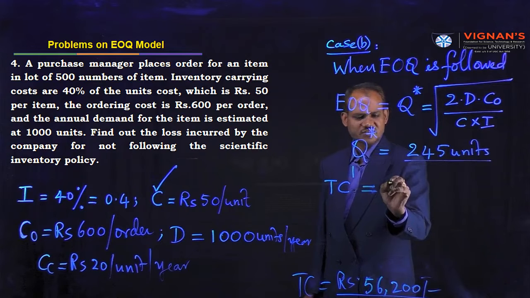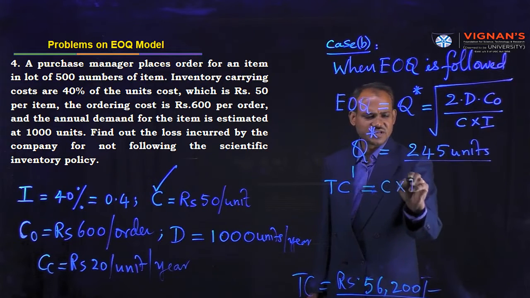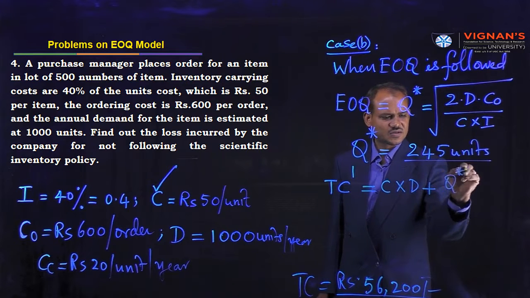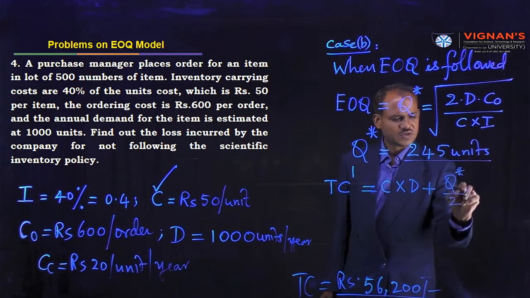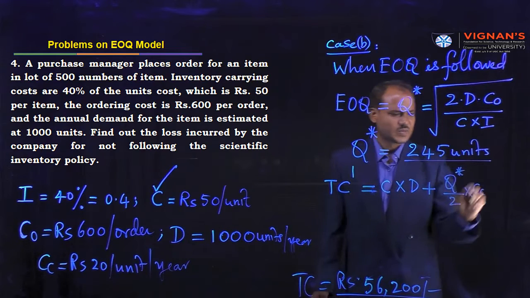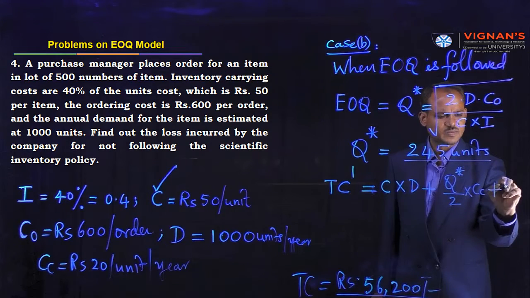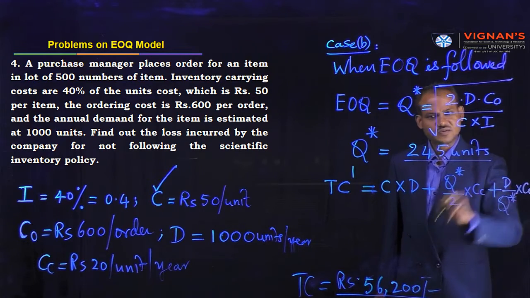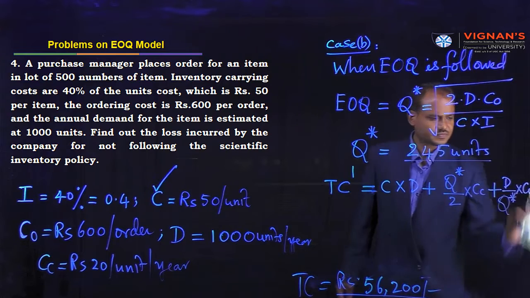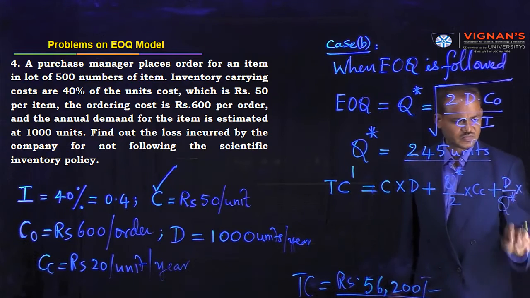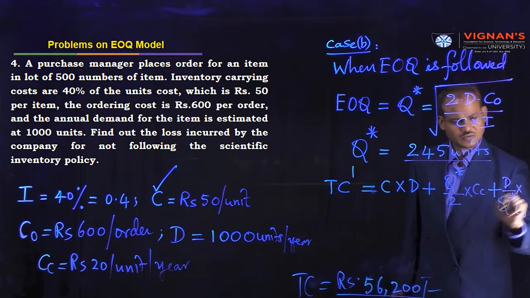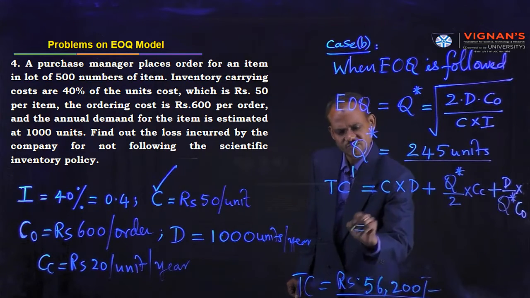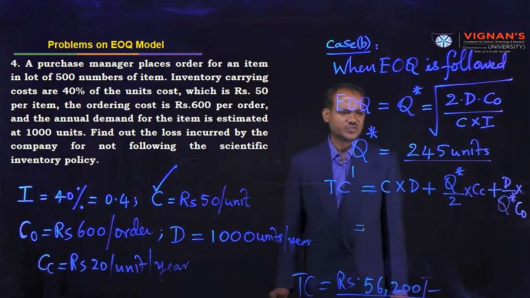Total material cost, that is equal to C into D plus Q star divided by 2 into CC plus D by Q star into C naught. So this is the formula. Simply you can substitute all the given values.